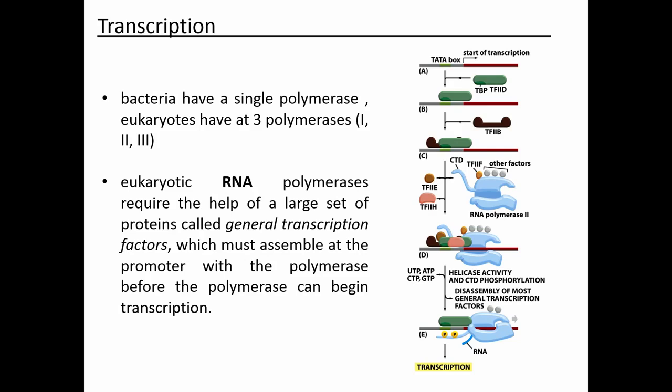So rather than having a single factor, you have a set of general transcription factors. And that's what they're showing you here. You don't need to remember the specific ones, but TFIID, TFIIB, TFIIE, F, and H, those are all your general transcription factors. And those things have to assemble, those things mediate the binding of RNA polymerase to the promoter in a eukaryotic cell.